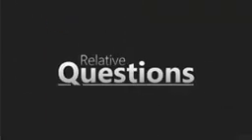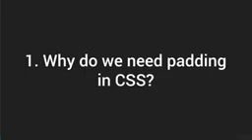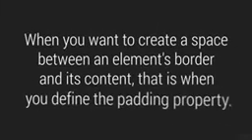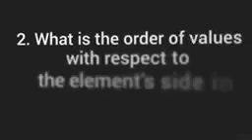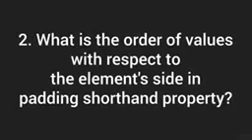Let's talk about questions. So why do we need padding in CSS? Well, when you want to create a space between the element's border and its content, that is where you define the padding property. The second question is, what is the order of values with respect to the element's side in padding shorthand property?